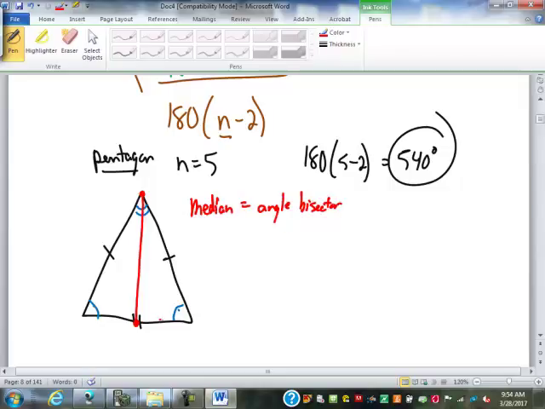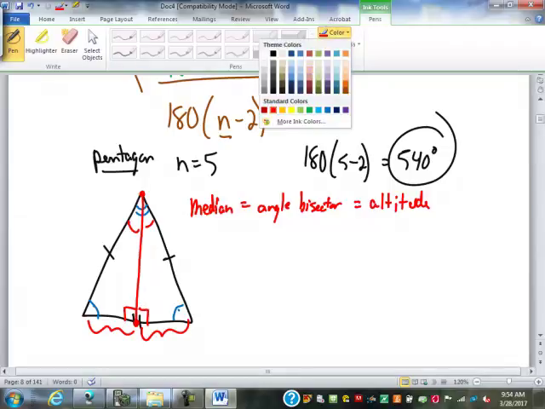So it cuts this here into two equal pieces. It also cuts this angle into two equal pieces. And a median or an angle bisector is also an altitude in an isosceles triangle. So that means that it hits this at a right angle over here. That's going to be important once we get to circles and some of the rules about circles.